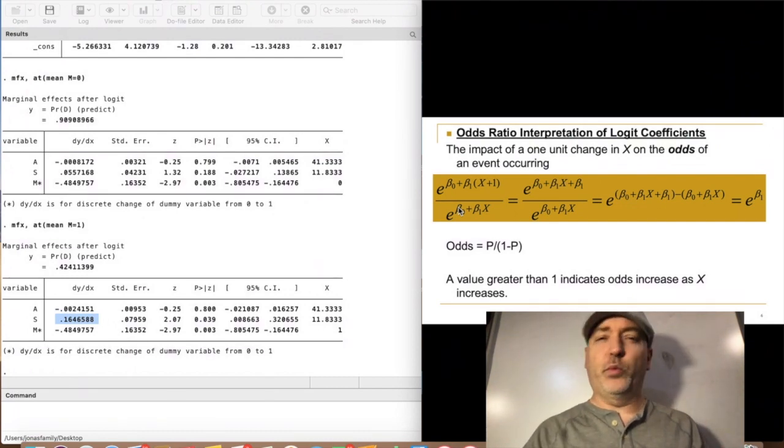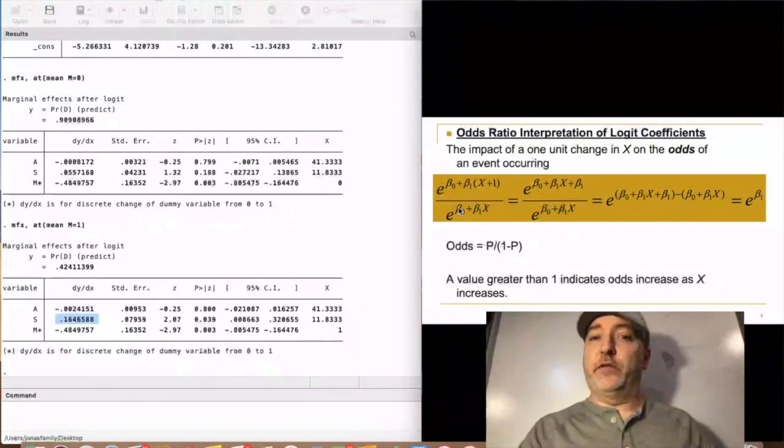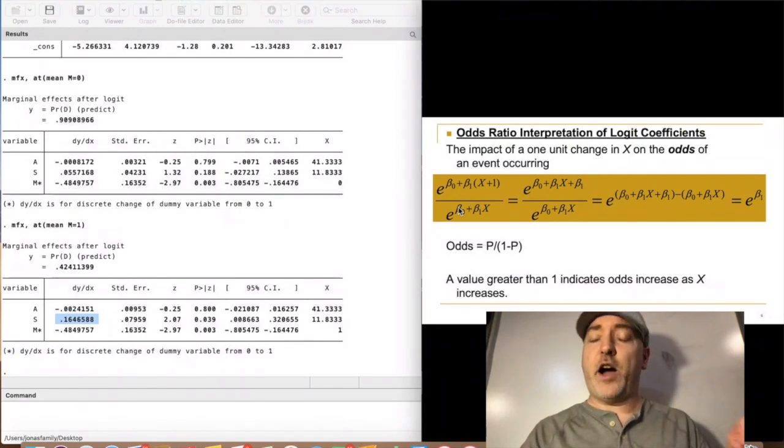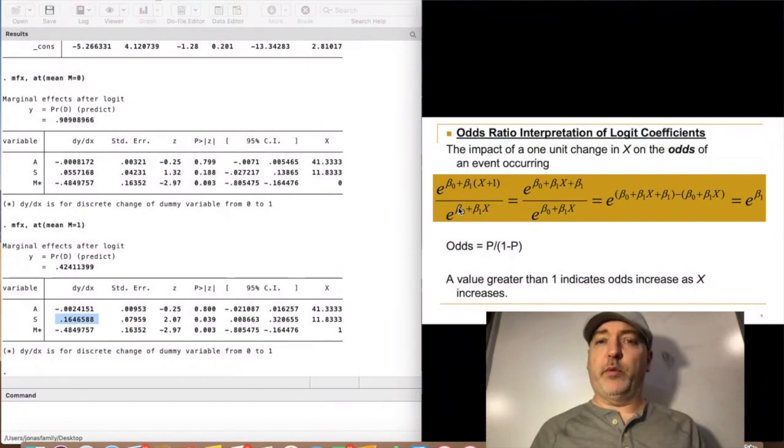And this gets into the weeds a little bit, but the difference between odds and probability is the odds of an event is the ratio of the probability of event occurring relative to the probability of that event not occurring. So in this case, the probability of a 1 divided by the probability of a 0. So sometimes it's easier to think in odds than in probabilities, and with a little bit of mathematical manipulation, we can derive what that odds value is going to be.